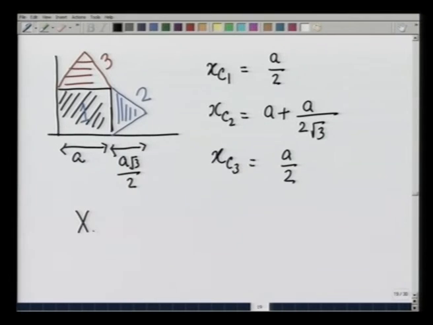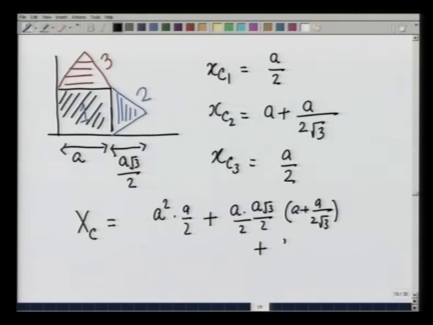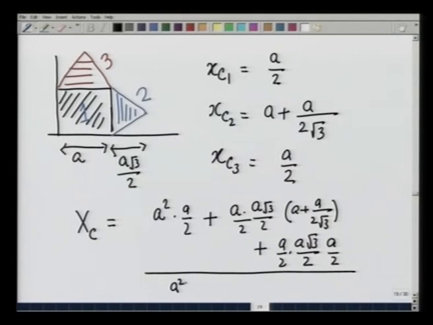And therefore, x c of the entire assembly is going to be equal to the area of the first square, which is a square, times a by 2, plus the area of the second one, which is the base, a, times the height, a root 3 by 2, divided by 2, times x c 2, which is a plus a divided by 2 root 3, plus the area of the third one, which is a by 2 times a root 3 by 2, times a by 2, divided by the total area, which is a square plus a by 2 times a root 3 by 2 plus a by 2 times a root 3 by 2.